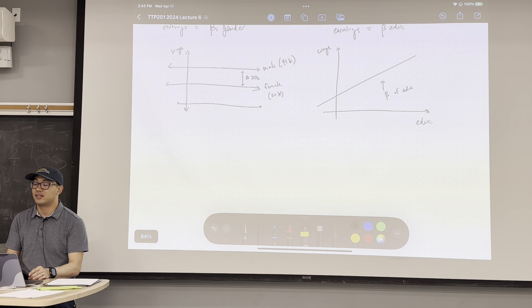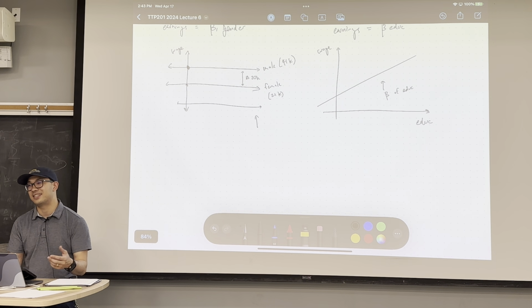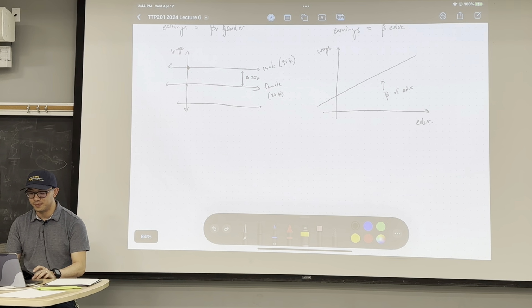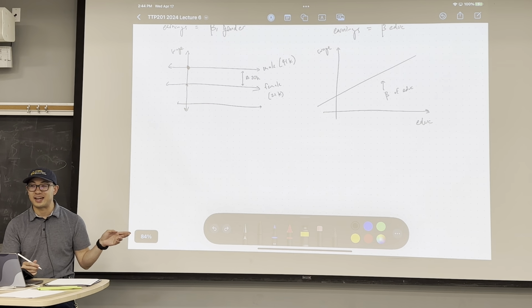Yes? For the graph on the left, you said there's no intercept, but wouldn't the intercept be the value of female? Yeah, I meant that this axis, the x-axis at the bottom, isn't really a thing. But I'm drawing it this way for the purposes of the next ones that I'm drawing.